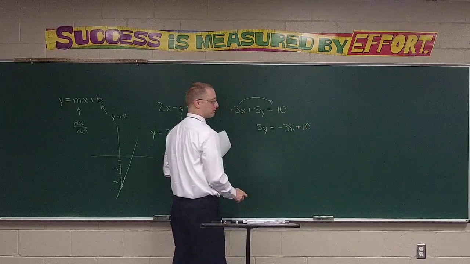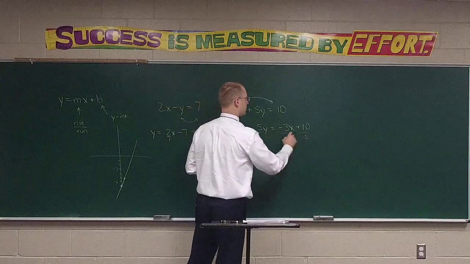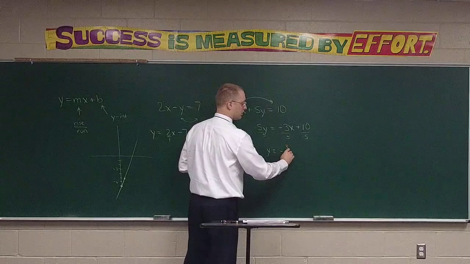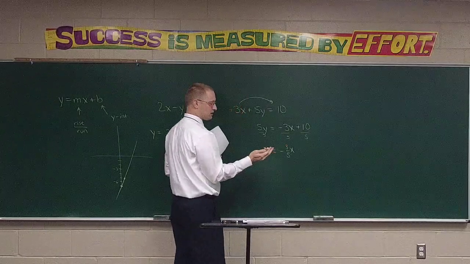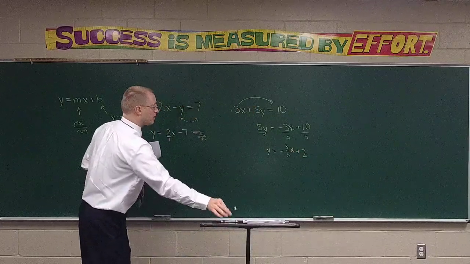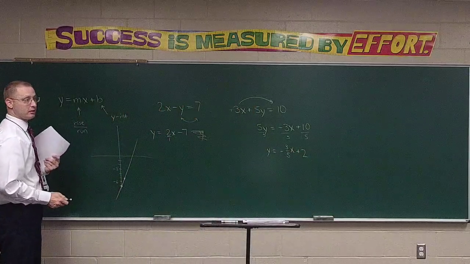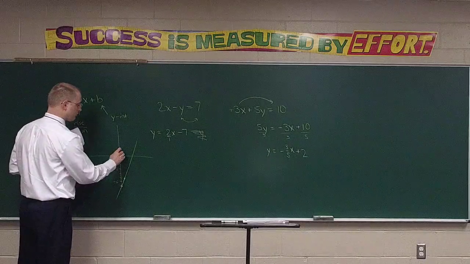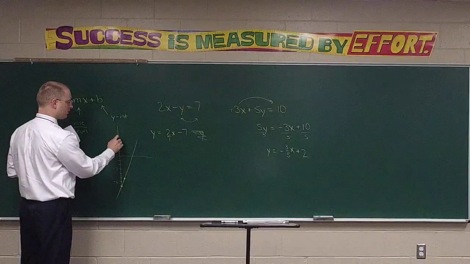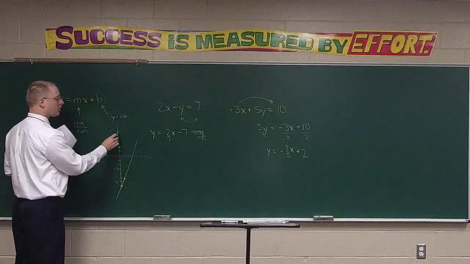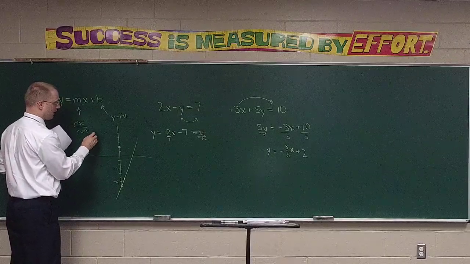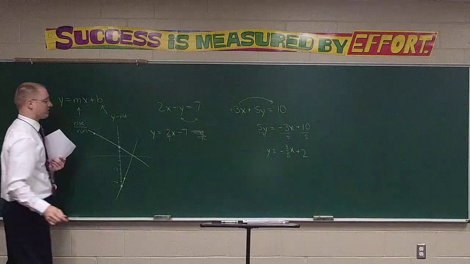Good, and 3/5 x, so either one is fine. There we go. So for this particular equation, Maddie, we would start at positive 2 for our y-intercept, plotting that there, and then, good, left or backward 5. 1, 2, 3, 4, 5, and we would connect the dots, and there's our equation there.